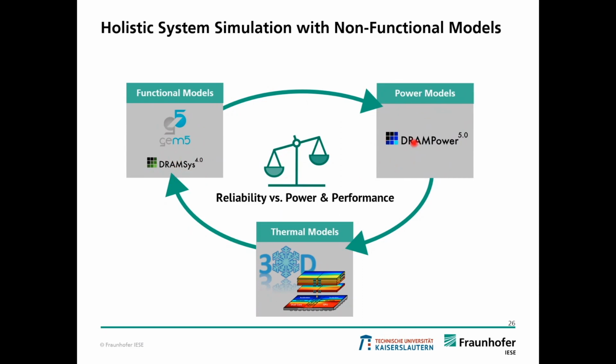And from these power calculations, we feed a thermal model. In this case, we have a focus, of course, on 3D stacked memories, because there we have some thermal problems. Then these thermal results, the temperature simulation, go back, and we close the loop and have a full system simulation. For example, we can then change the refresh strategy according to the temperature, or the voltage and frequency scaling of the cores to cool down the system.